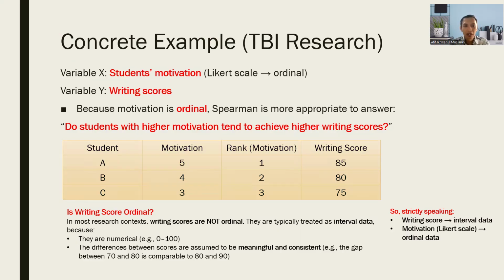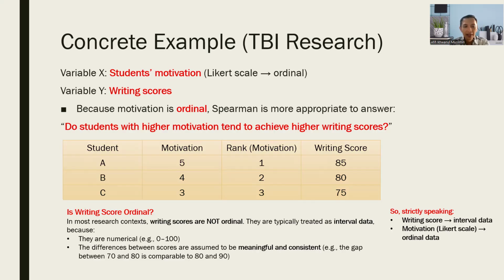Because motivation is ordinal, Spearman is more appropriate than the Pearson correlation test. If the research question is, do students with higher motivation tend to achieve higher writing scores, I think Spearman analysis is more appropriate to apply.